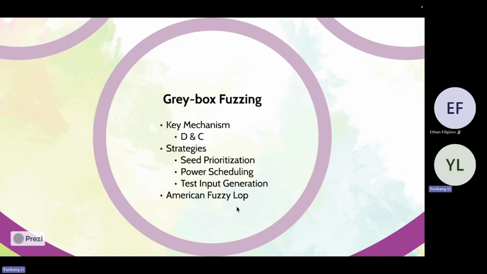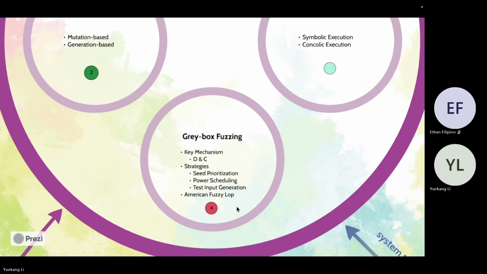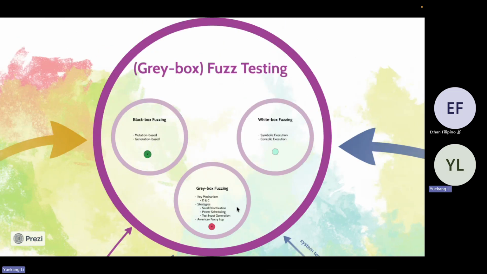So this is all about gray box fuzzing, and you may expect to do some coding here, not only to use it, but also to write some code, like what you did for assignment 3. And this is all about fuzz testing.